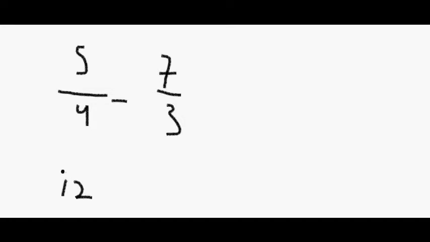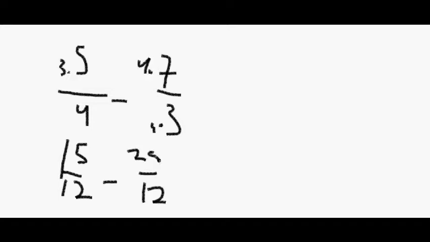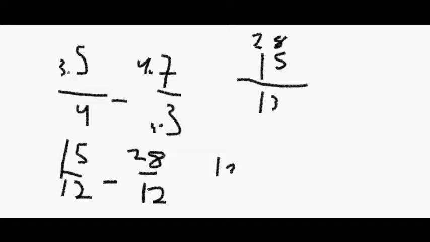The problem is the denominators are not the same, so we have to find a common denominator. 3 can't go into 4, but 4 times 3 is 12, so let's use 12. 4 goes into 12 3 times, so 3 times 5 is 15, minus 12, because we're multiplying each number by 4. 4 times 7 is 28.